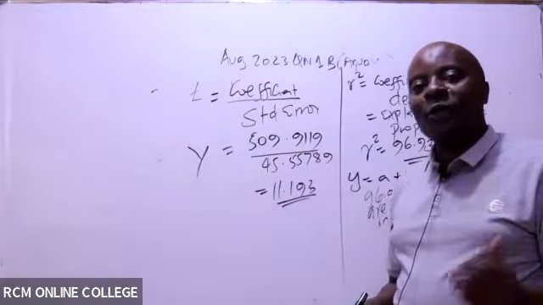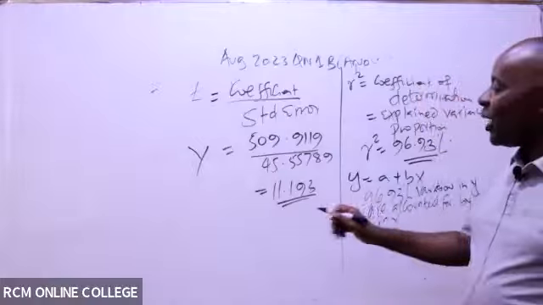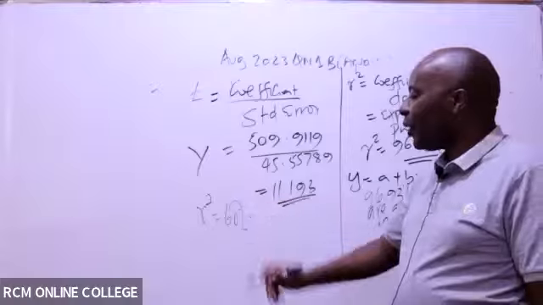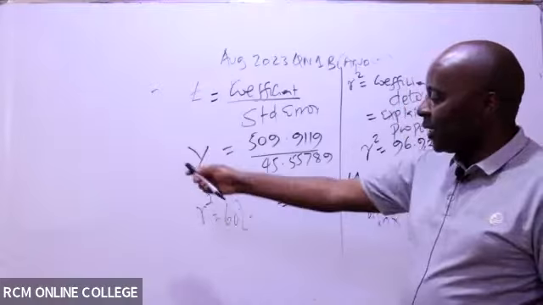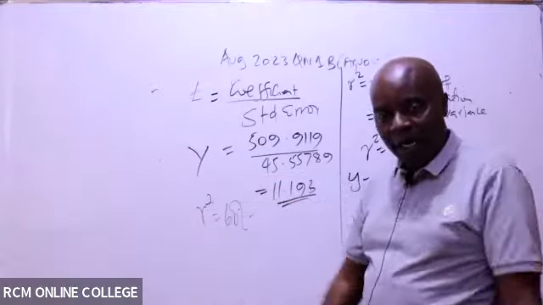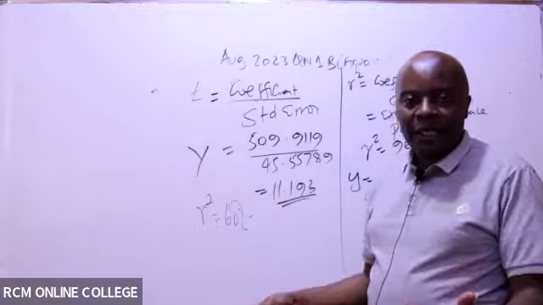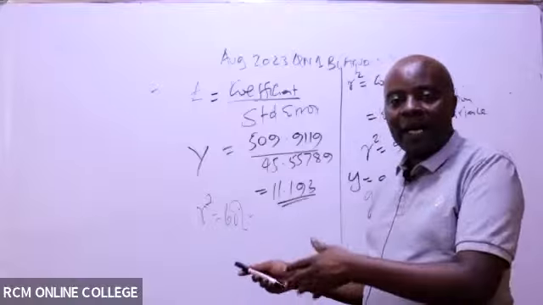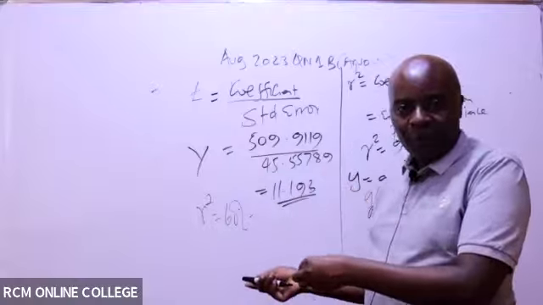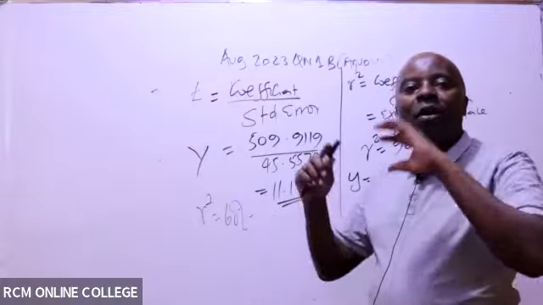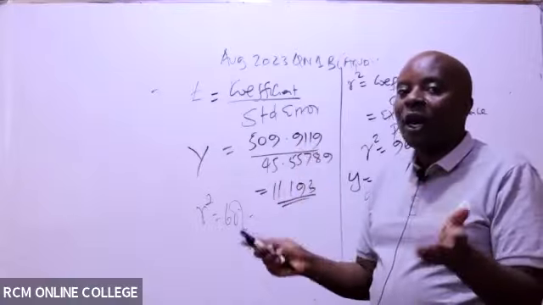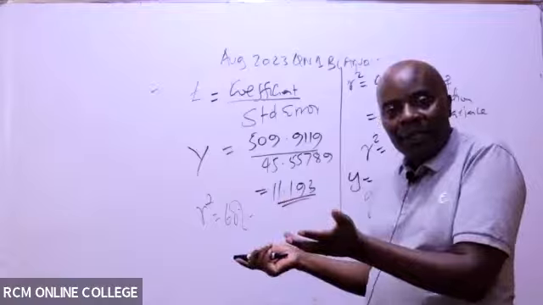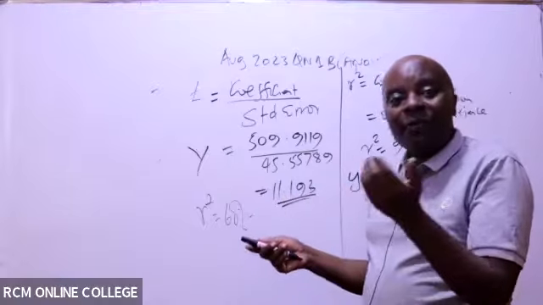What I'll be watching out for when I mark your scripts is when you get, for example, an R squared of say 60%. That simply tells us that 60% of the changes in y, the response variable, are accounted for by this predictor variable, and that we now have a whole 40% change in y attributable to other factors not in the model. 40% is very significant.